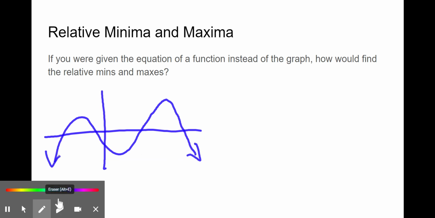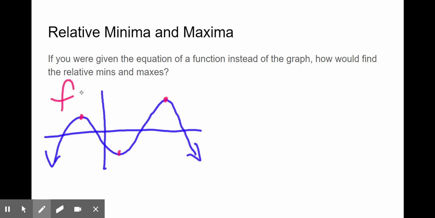All right. So if we look at this graph, you can certainly see there's a relative max there, a relative max there, and a relative min there. Now the question is, what do all these points have in common? Well, if you remember back from the last chapter, if we call this function f, these were the first points that we looked for because we already knew the derivative's value there, right?